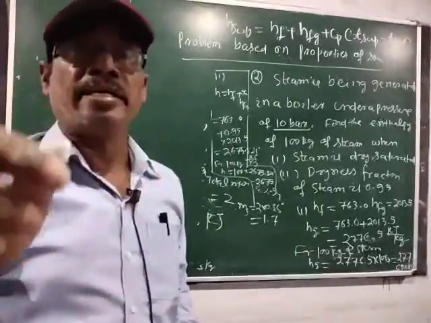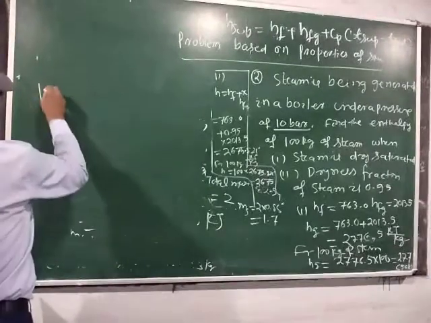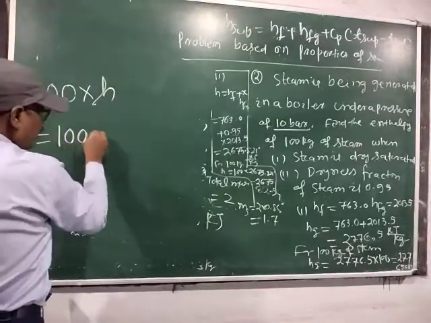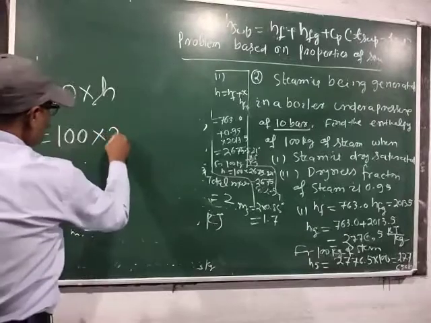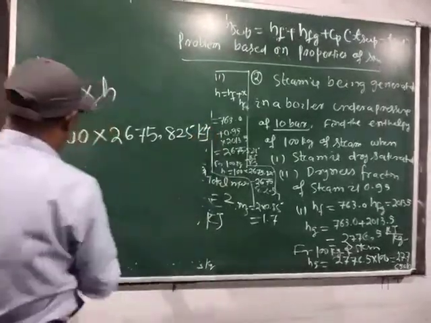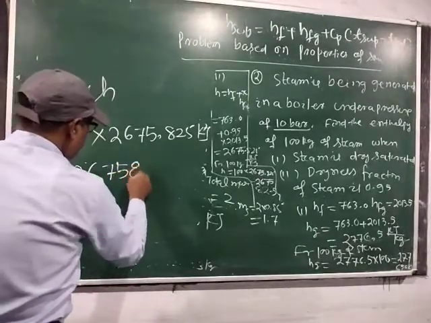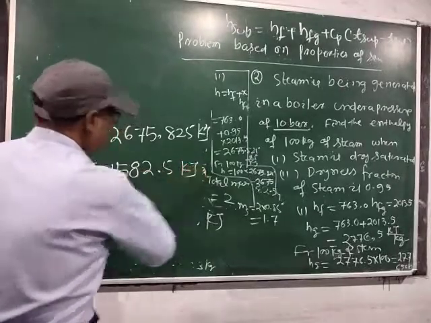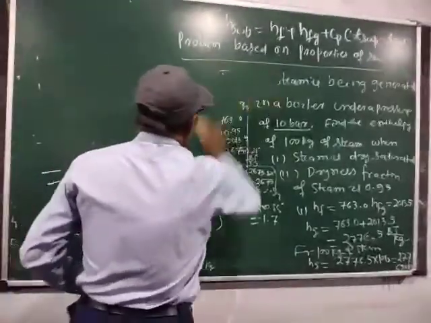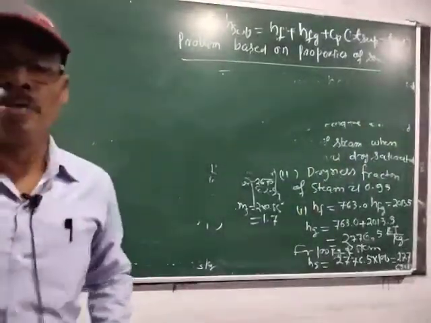Therefore, total heat for 100 kg of steam is given by the formula 100 into H. That means 100 into 2675.825 kilojoule is equal to 267582.5 kilojoule. Now I will solve another two problems.